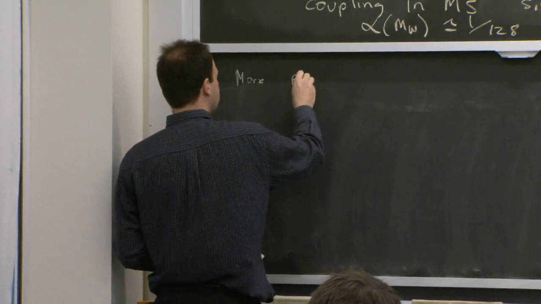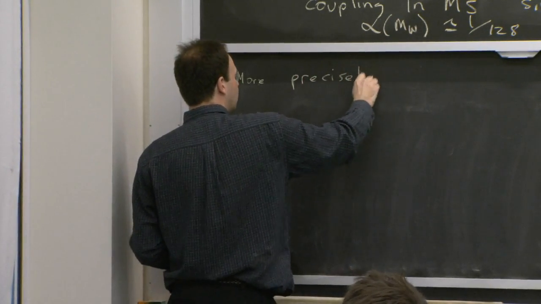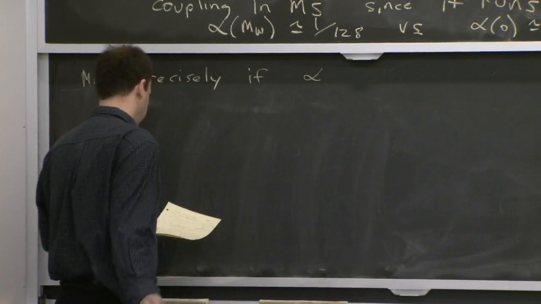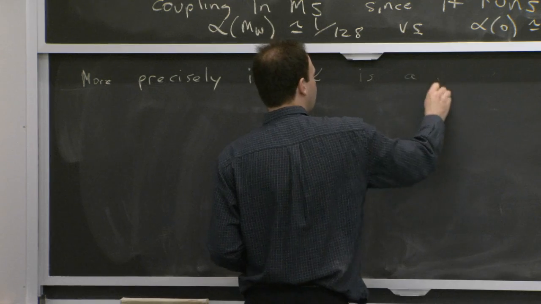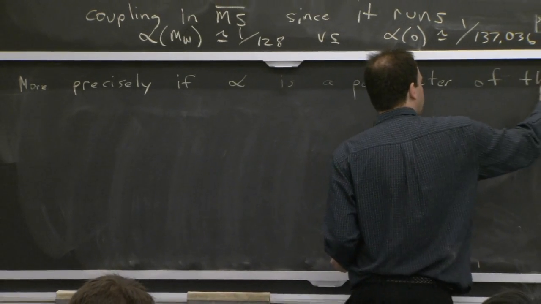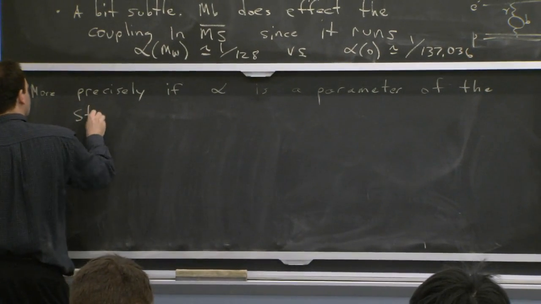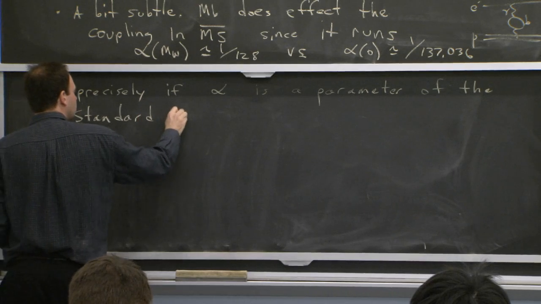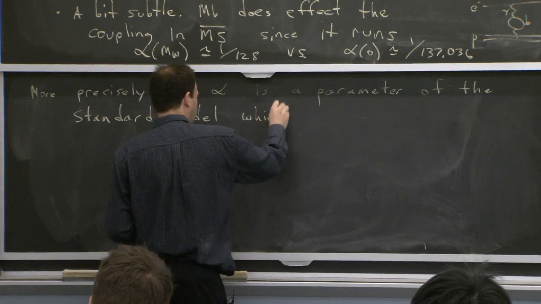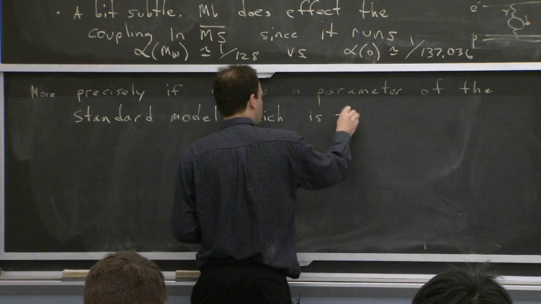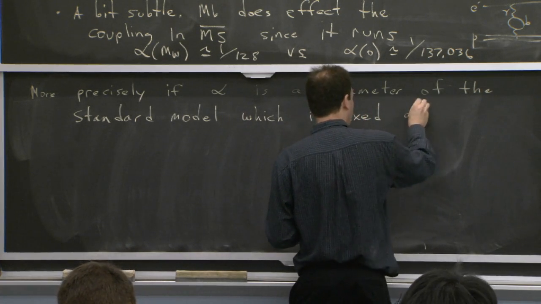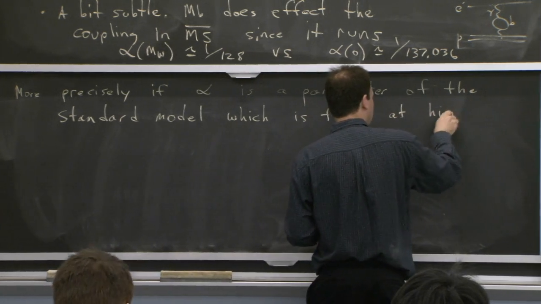So if we want to state this statement about bottom quarks more precisely, we would do it this way. We would say if alpha is a parameter of the standard model, and we imagine that we fix it at high energy. So we could imagine that we fixed it by doing Z boson physics in an e+ e- collider, some process that's a high energy process.